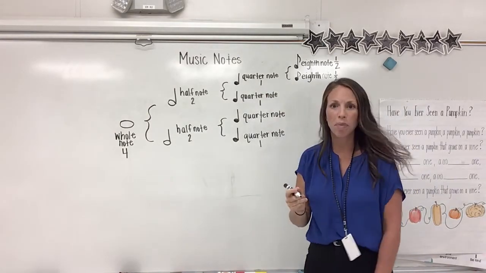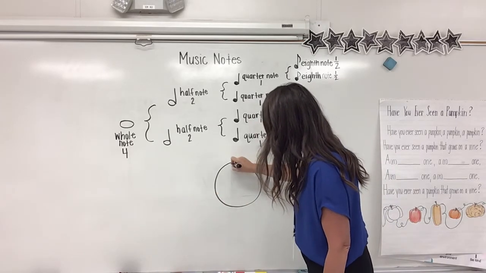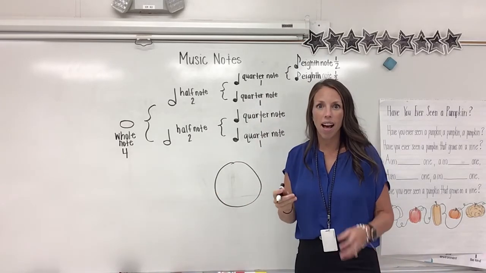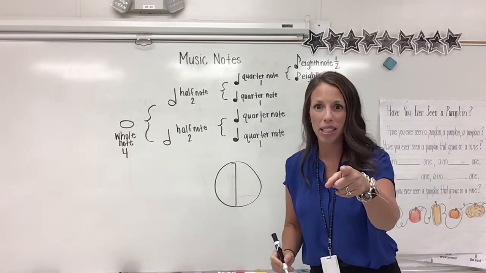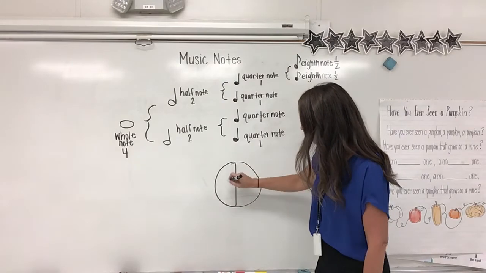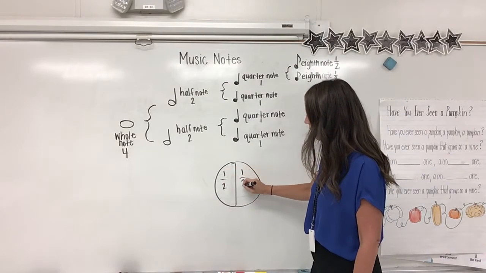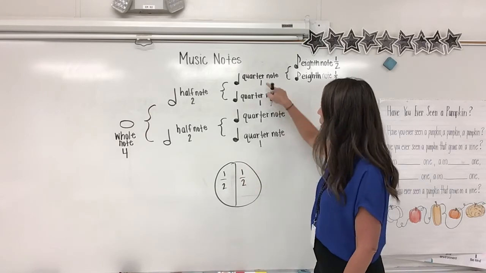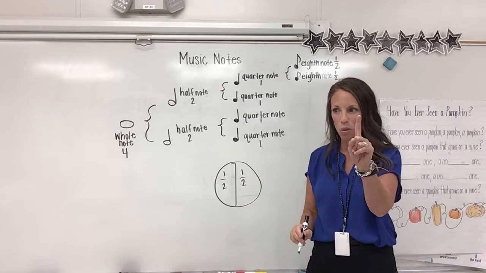Sort of like a pizza. If we had a whole pizza and I was going to eat half and you were going to eat half, well, you would eat this half, I would eat this half, and then we would eat 1 whole pizza. So 1/2 plus 1/2 equals 1.